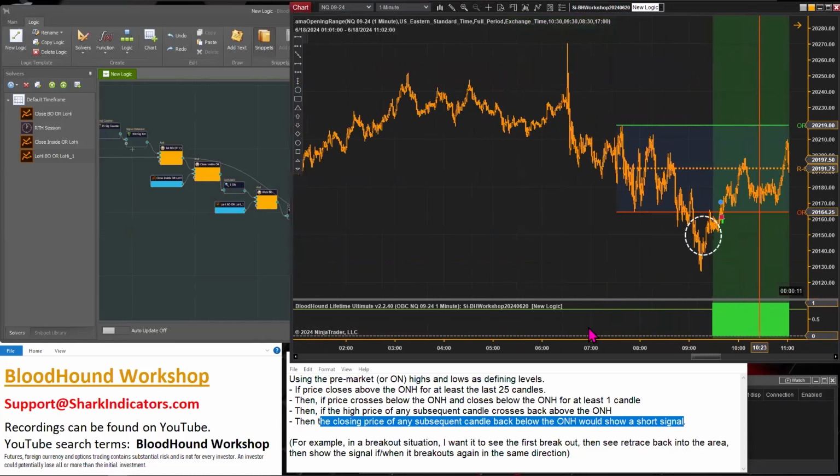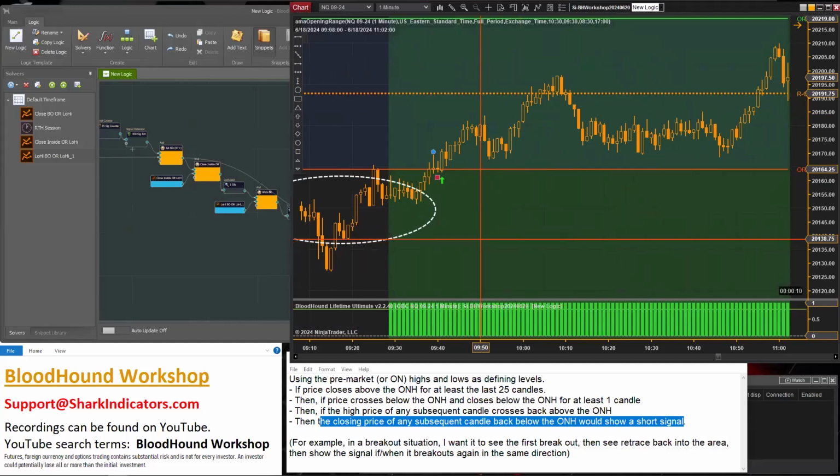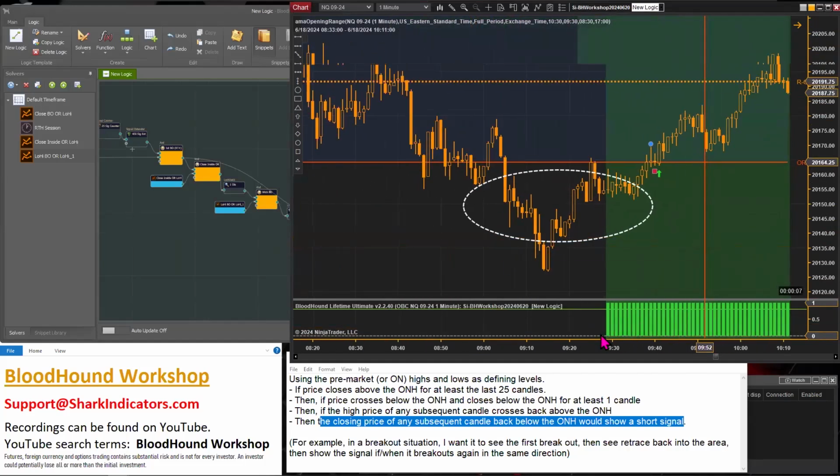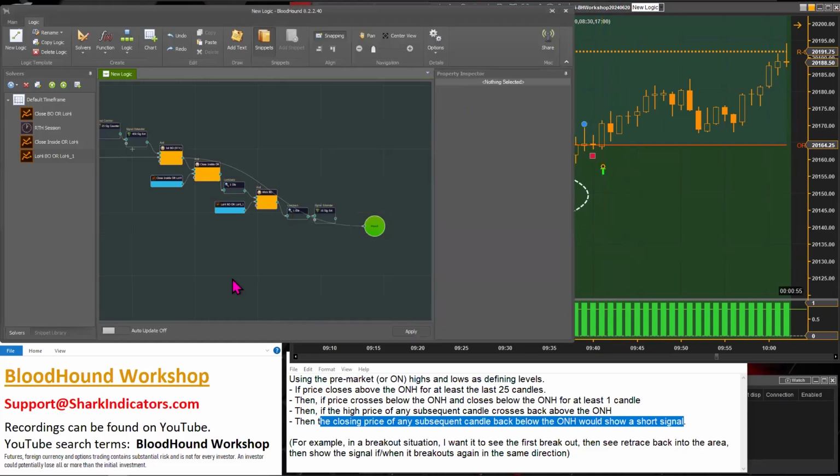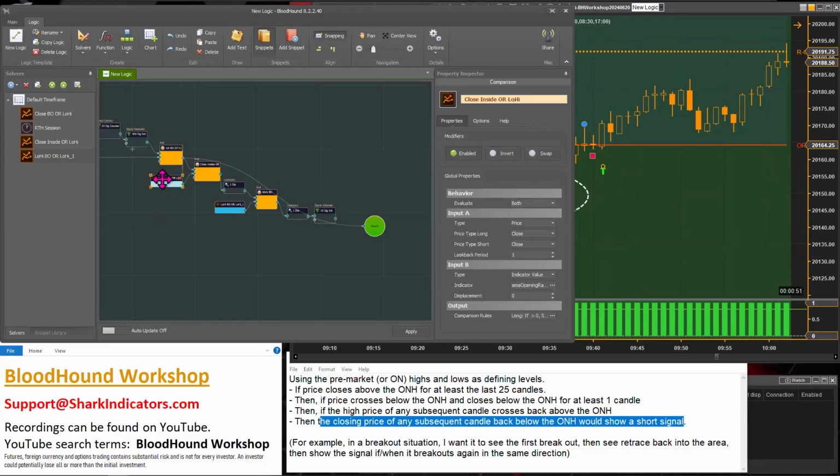Let's zoom back in here. There we go. The green arrow there is what we're looking for. Once again, we're looking for the close inside the range, and we have that node back here.